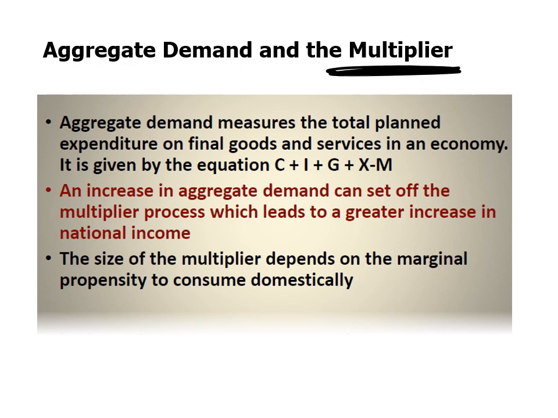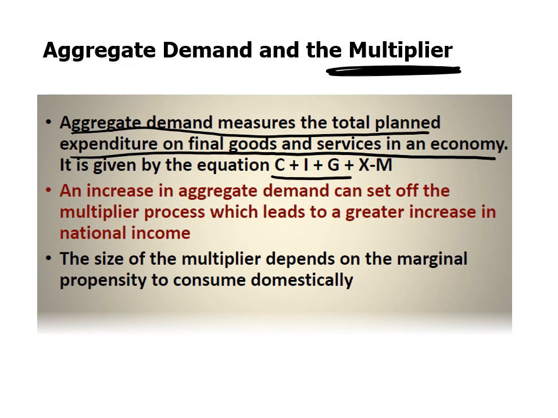So we know what aggregate demand is. Aggregate demand measures the total planned expenditure on final goods and services in the economy. It's the sum of consumption, investment, government spending, and exports minus imports. If we increase aggregate demand in the economy, we should be expanding the economy. Expansionist policies.